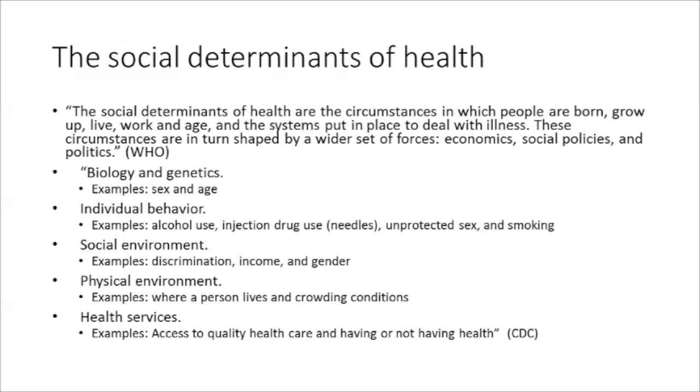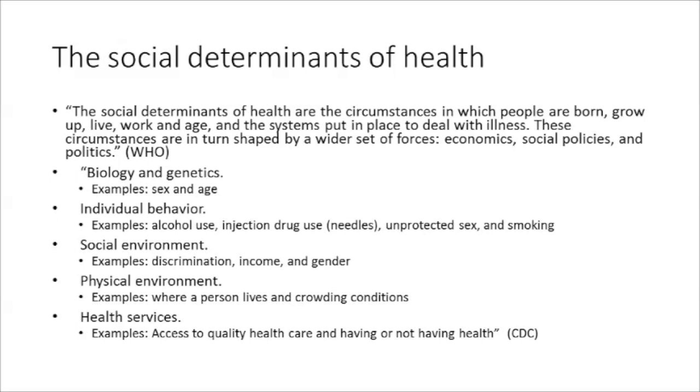Then we have individual behavior. This is also a very important determinant of health. Sex and age is something that we cannot influence. Individual behavior is something that we can influence. And here we see some examples for risk factors, types of behaviors that tend to worsen our health.